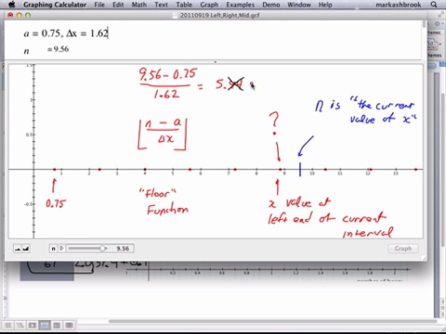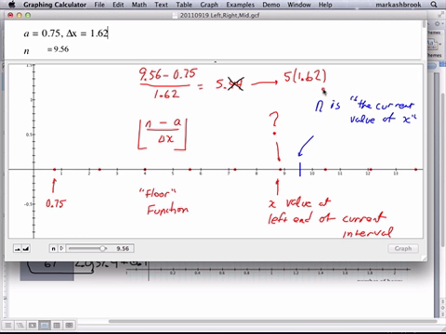Okay, so then you got 5, and then what'd you do with the 5? You're on a roll. Keep going. So 5 times the delta x. And what does that number represent? The distance from the starting point to the value we're trying to get.